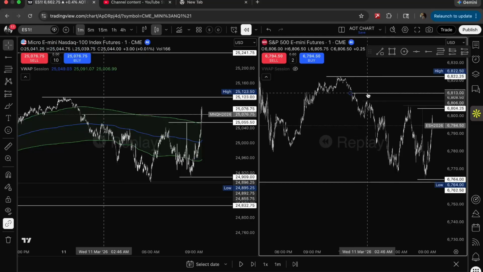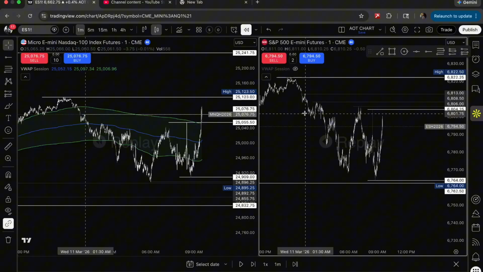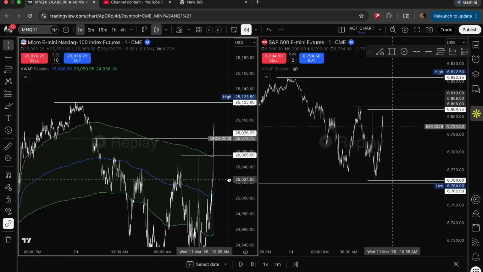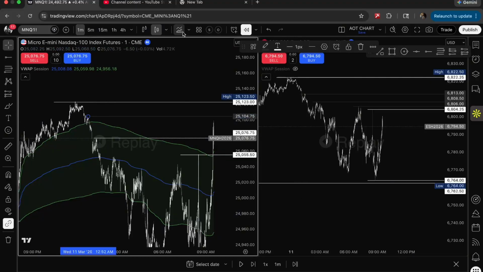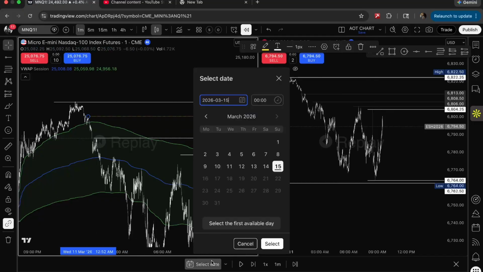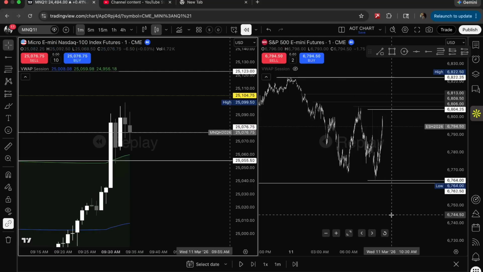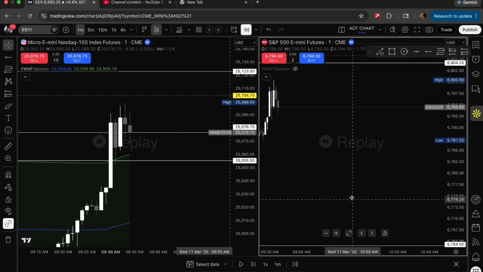So now we got SMT at this high. All right. Bearish SMT put in. See what we get.